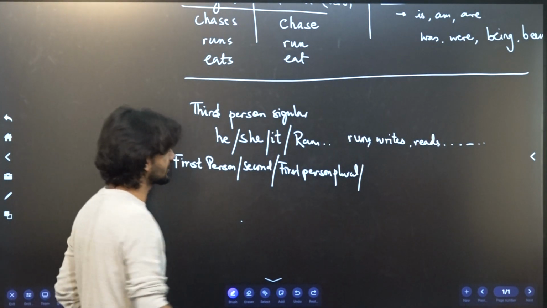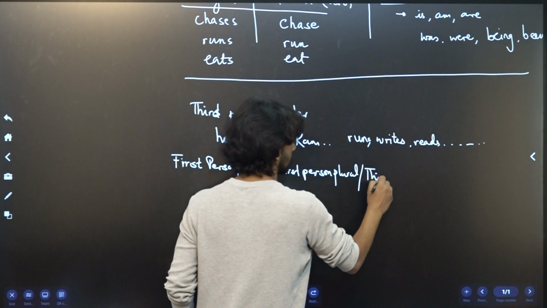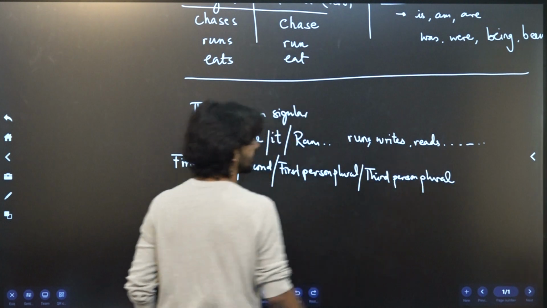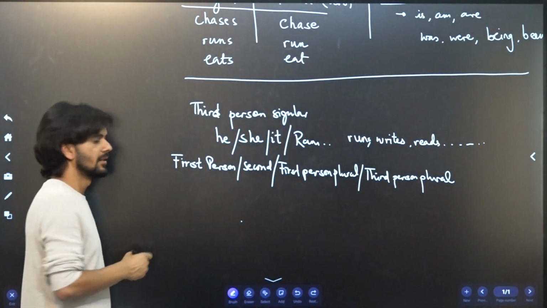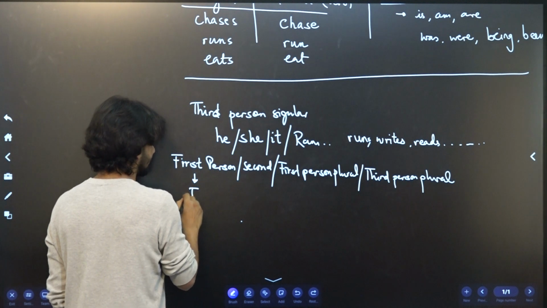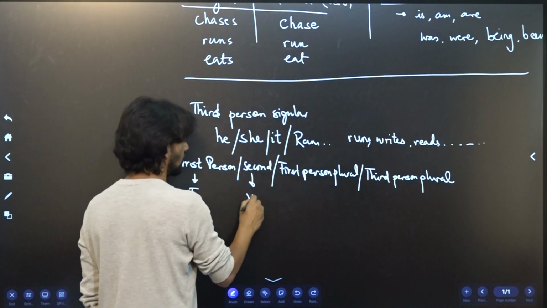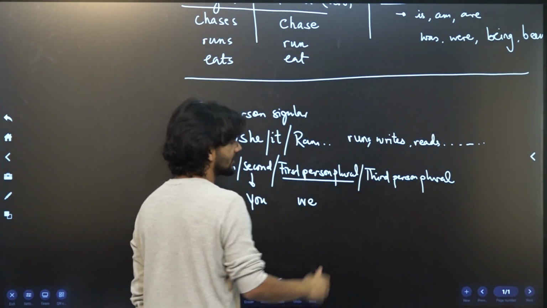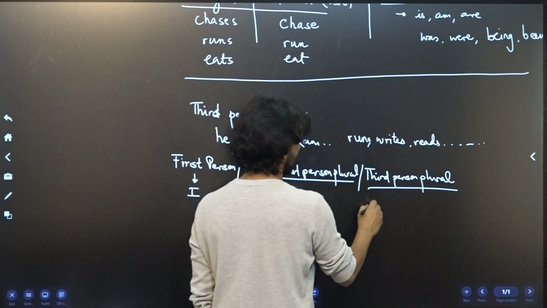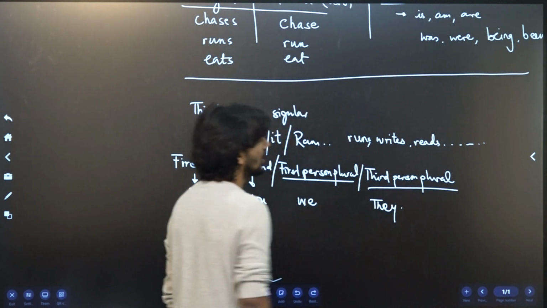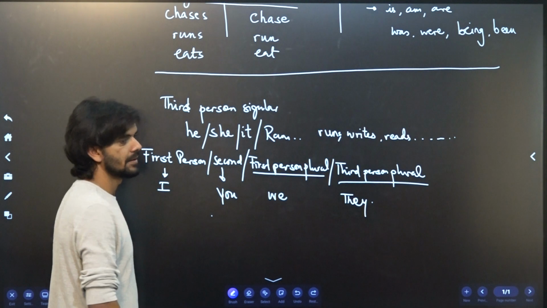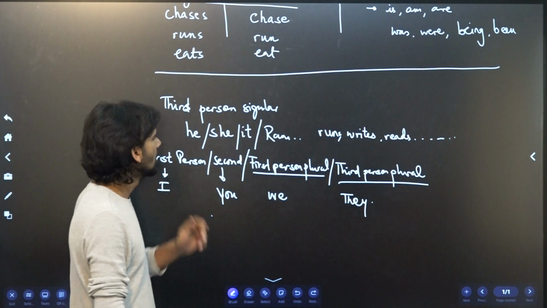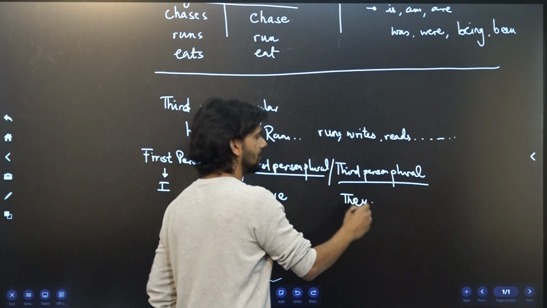Let me write all of that down. First person, I. Second person, you. First person plural, we. Third person plural, they. All of these subjects take the plural form of the verb.